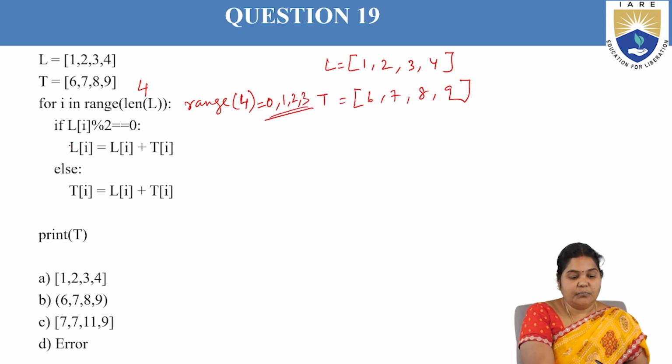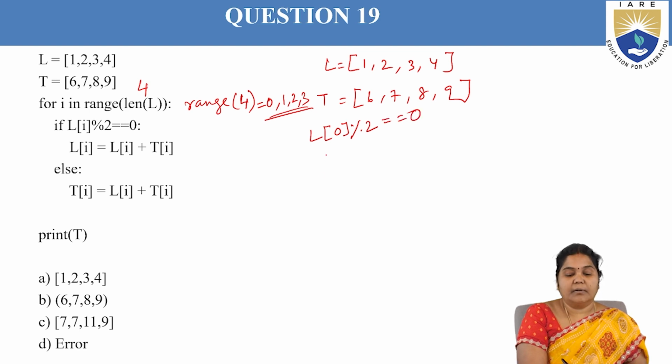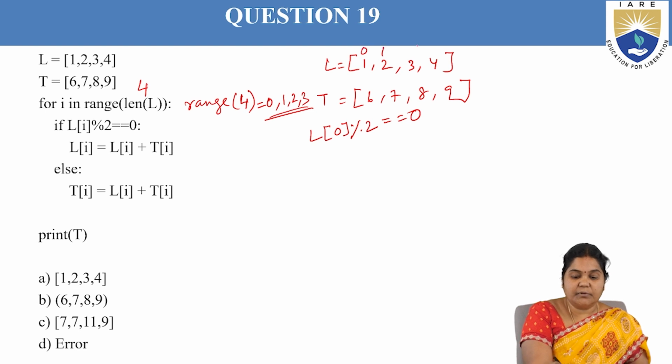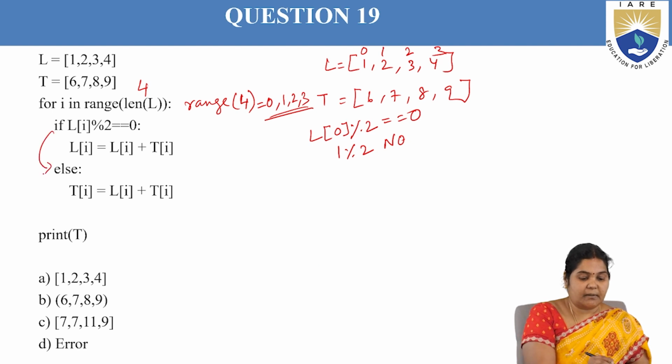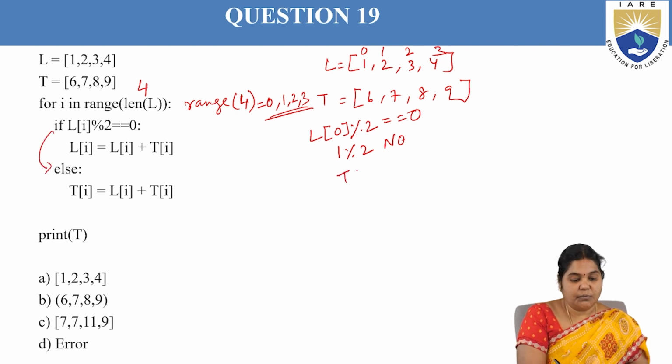First time I is 0. Is L of 0 modulus 2 equal to 0? L of 0 contains 1. 1 modulus 2 is equal to 0? No. So it comes to the else part. In the else part, T of I is equal to L of I plus T of I.